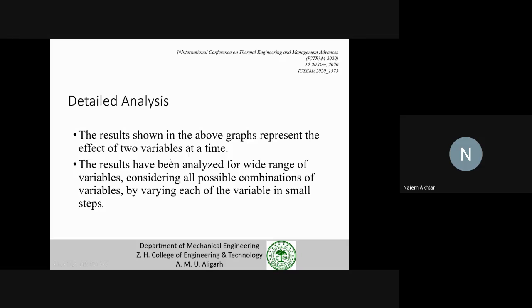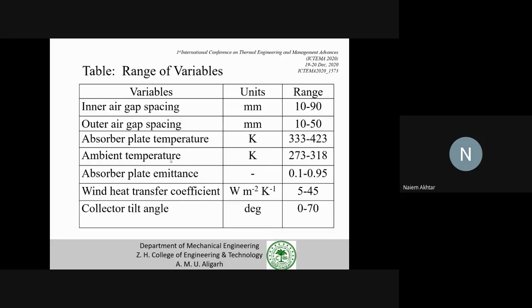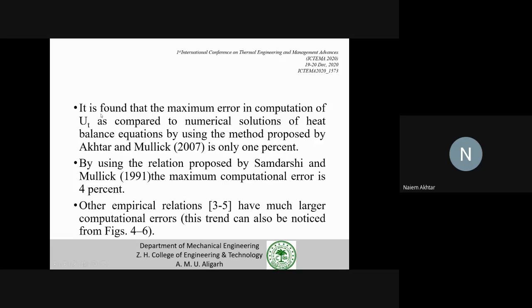If we analyze taking all possible combinations of variables, by varying each of the variables in small steps and covering a large range of variables, which is shown here for the collector, it is seen that reference 7 gives values very close, within 1%, and reference 6 gives values within 4% as compared to the numerical solution.